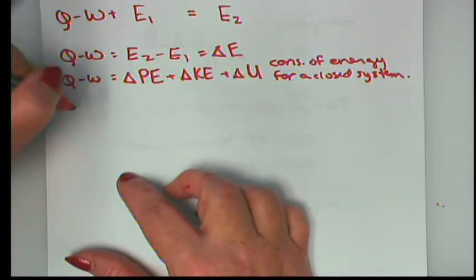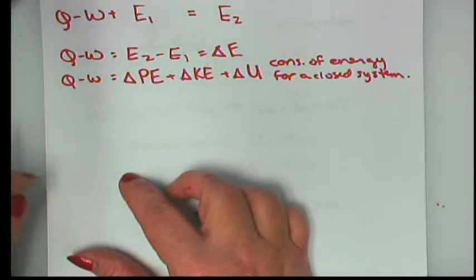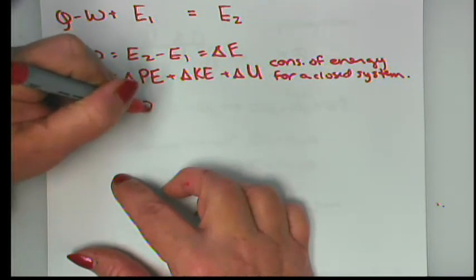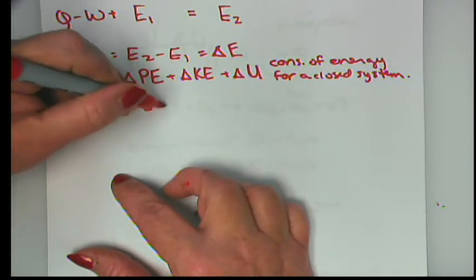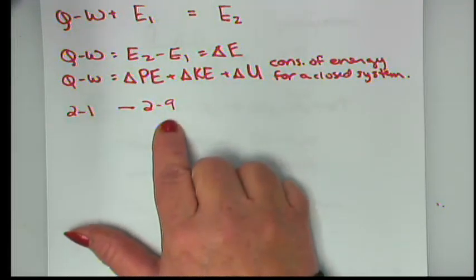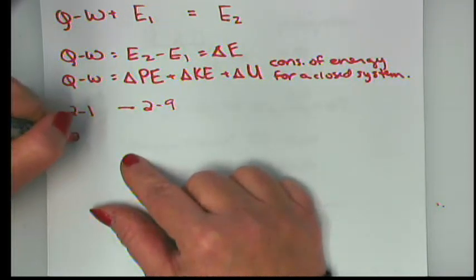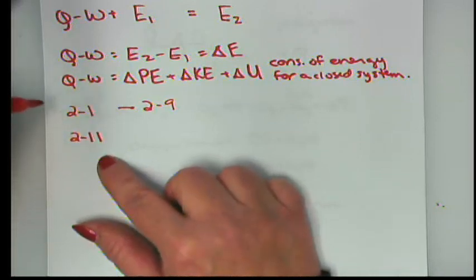So there are the conceptual problems at the beginning, 2-1 through 2-9, which are just kind of short answer problems. 2-11 is a potential energy conversion problem.